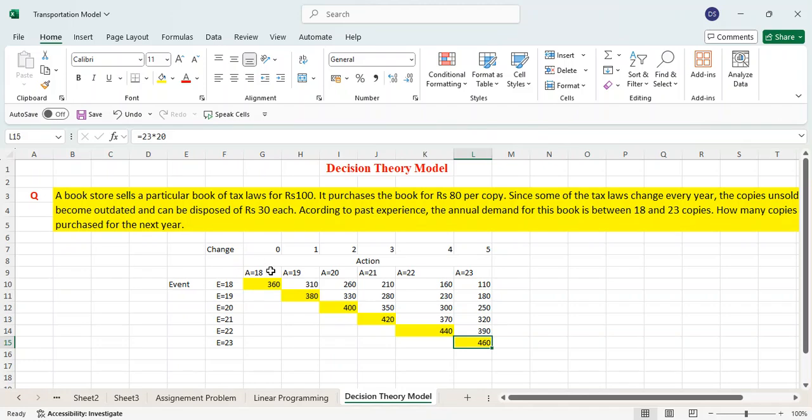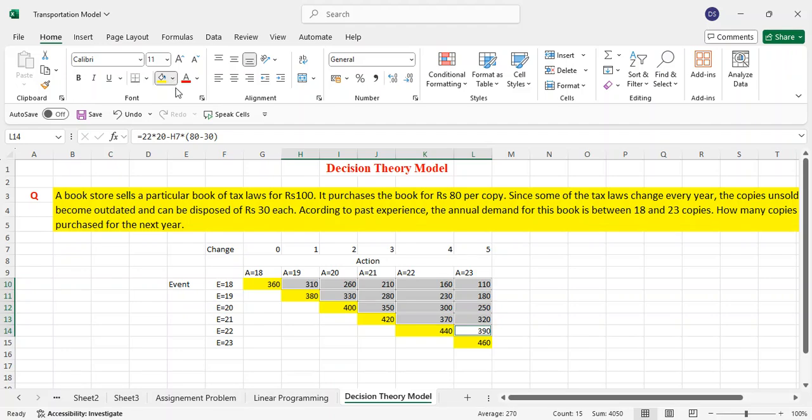In this way, keeping more books on the shelf, not understanding the market demand, you will incur some loss, and the way of calculation of that loss is in this way, and hopefully you could understand the things in a better way.